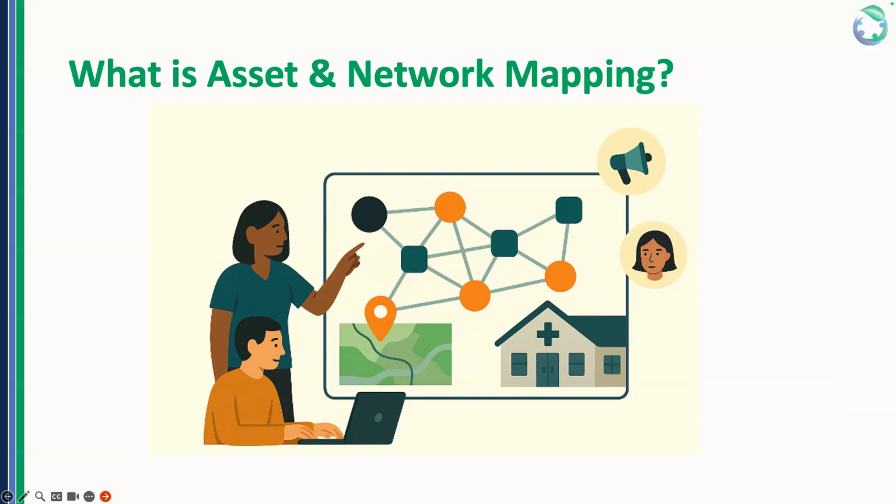My background is infectious disease epi, and this was something that we used during the COVID pandemic. It was really great to visualize patient flow between hospitals, skilled nursing facilities, and other health entities. You can create a network map for a mental health ecosystem, which can display referrals and feedback loops among schools, crisis teams, and outpatient providers.